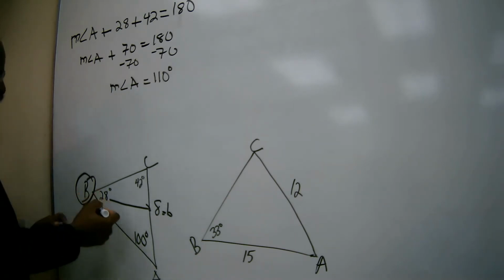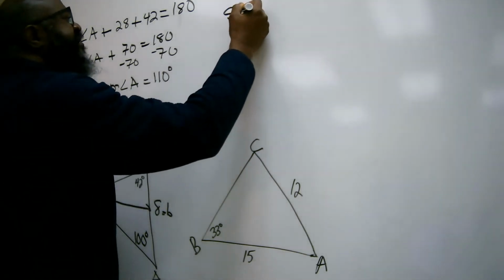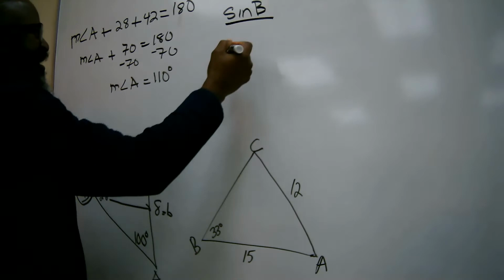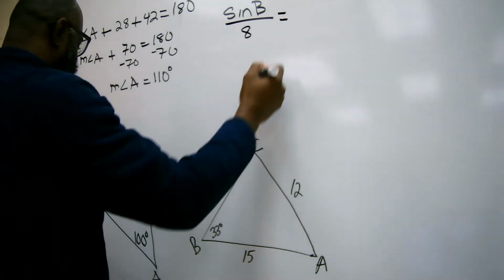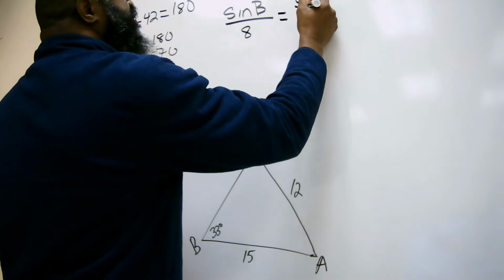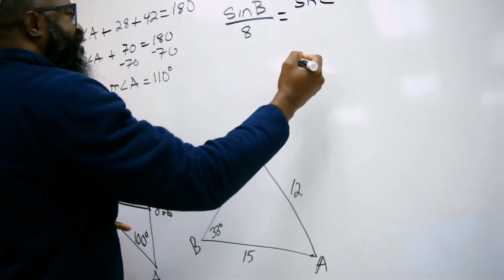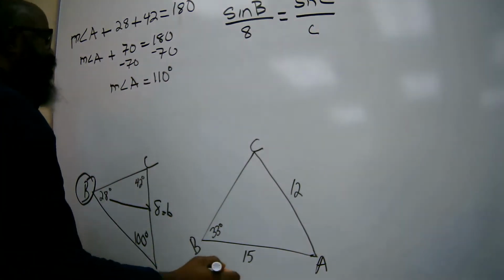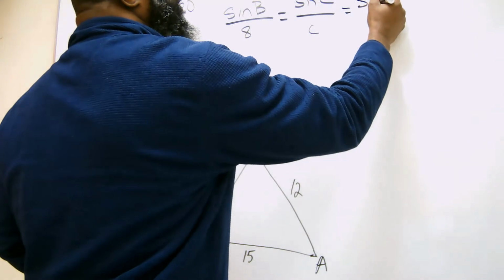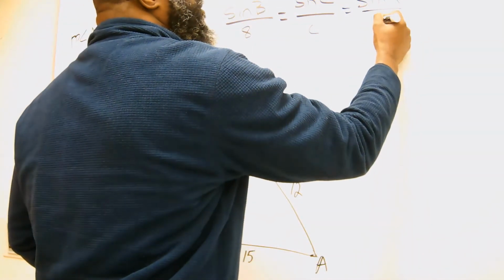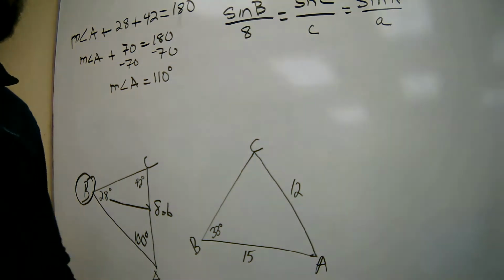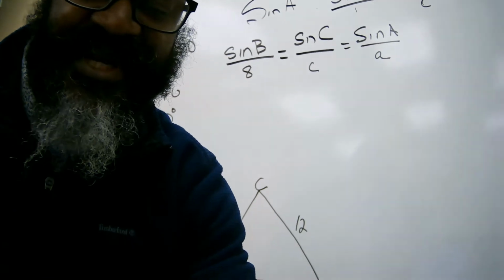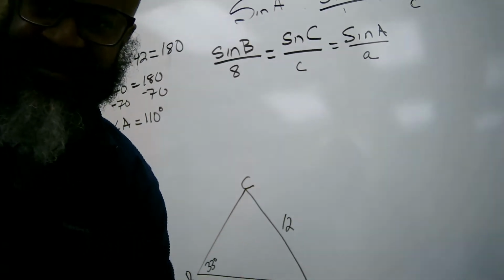So now you can start with sine B over little b, which is 8, equal to sine C, which is 42, over little c, equal to sine A over little a. The only thing we have to do is replace that information, and the calculator will do the rest for us. That's the main objective when using the law of sines.